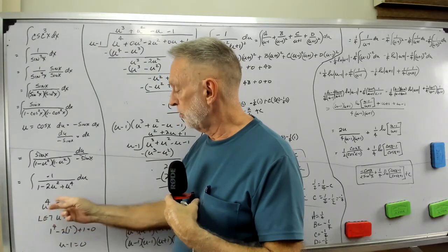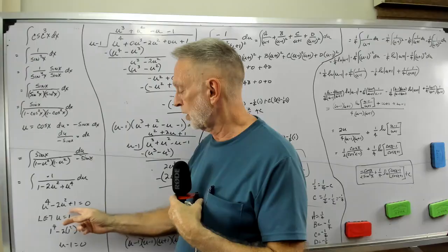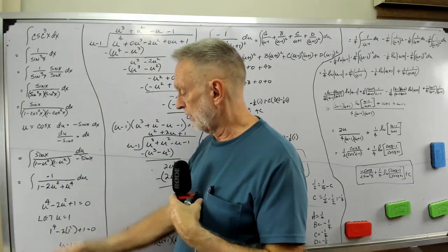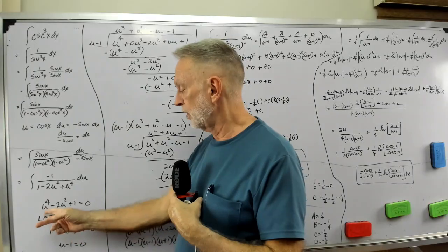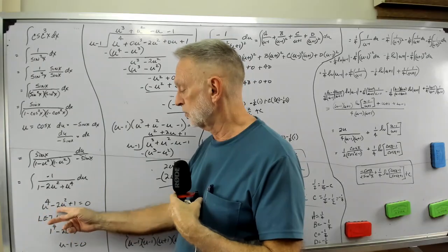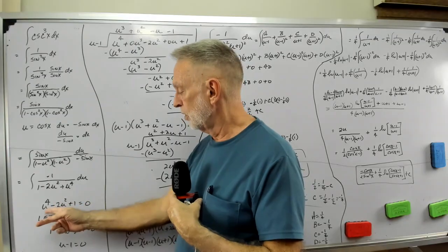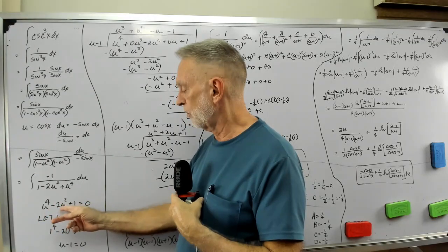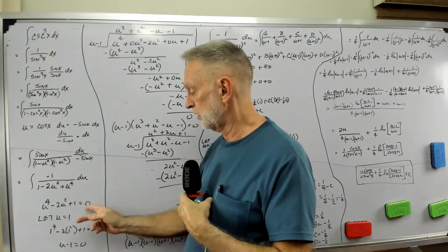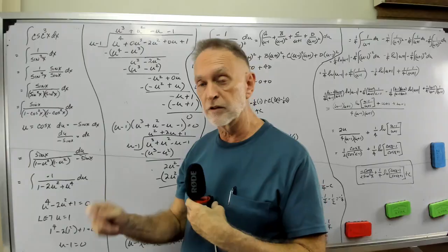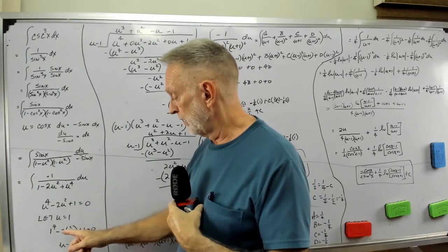So if I let u to the 4th minus 2u squared plus 1 equals 0, and I'm trying to find the roots, if I just guess u equals 1, 1 to the 4th is 1 minus 2, u squared is still 1, so 1 minus 2 is negative 1 plus 1 is 0. Hey. So u equals 1 is a solution for that.